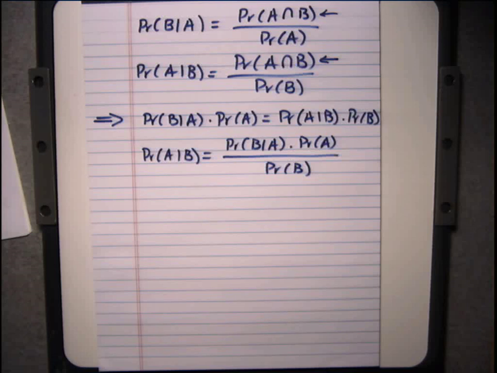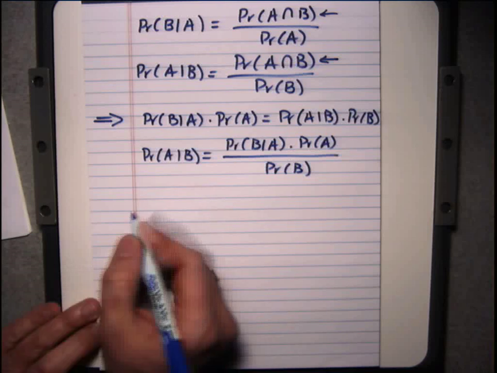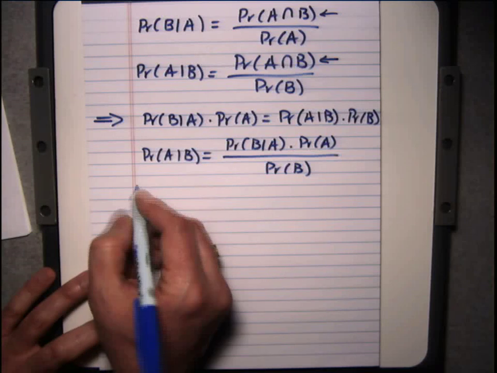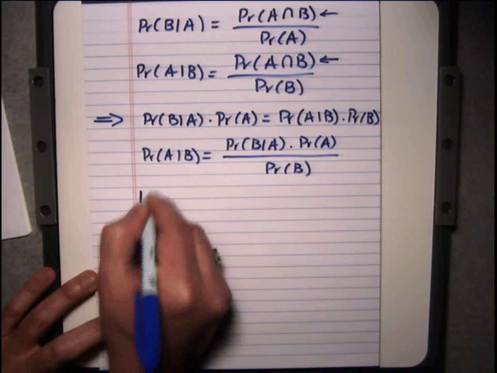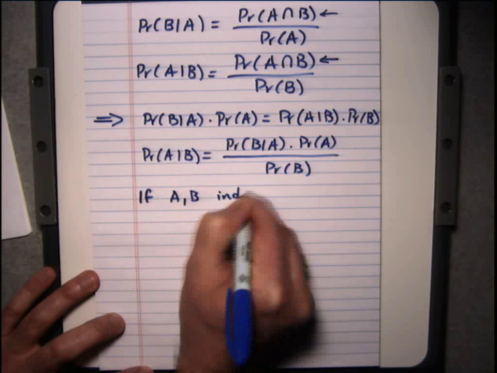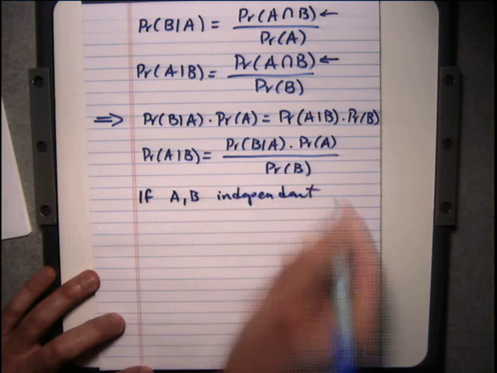So let's see what are some of the consequences of these types of conditional probabilities. So suppose I think of the situation where A and B are independent.